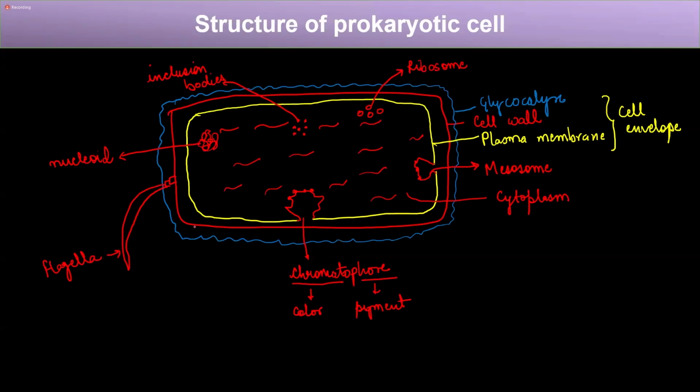The second surface structure looks tube-like, and this is known as pili. The third structure is hair-like, and it is known as fimbriae. So these together make the surface structure of a prokaryotic cell.